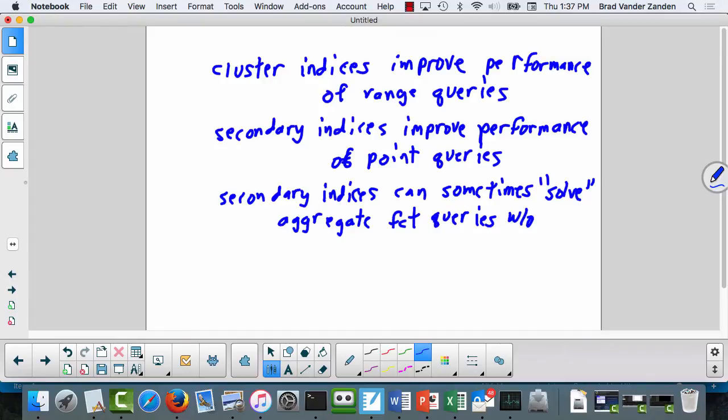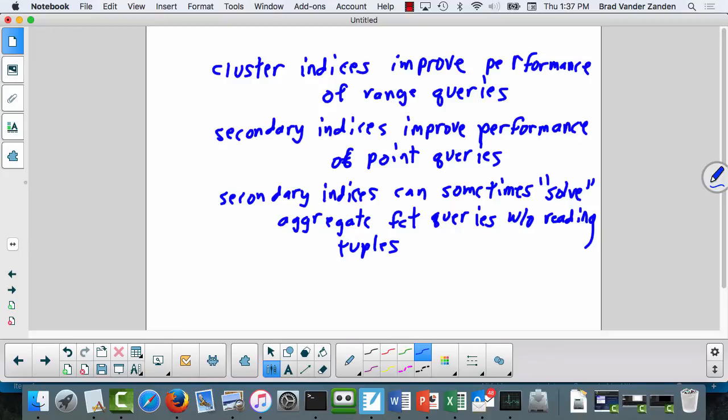without reading tuples. So for example, let's say you had a secondary index on salary, and I asked for the average salary. You could simply read the index and perform the computation on the index. You wouldn't have to read any tuples. Same thing, I might ask for the minimum and maximum salary. I just have to look at the index. I don't have to look at the file itself.